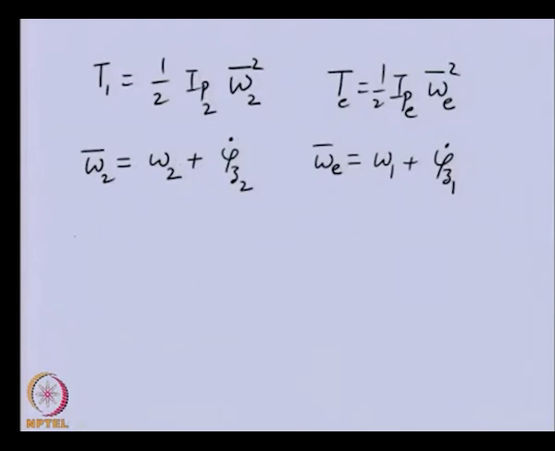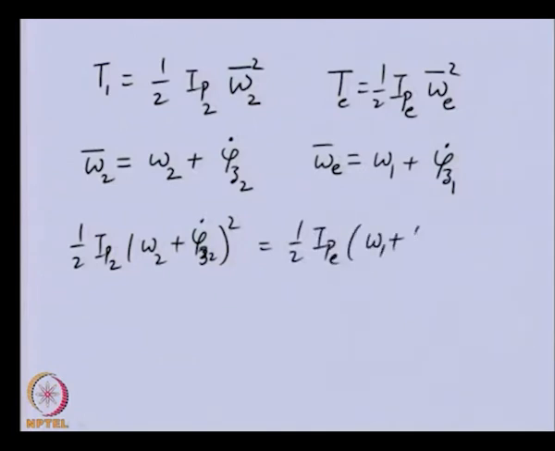If we substitute, we will have these two kinetic energies, which are the same, so we can equate them: half I p 2 (omega 2 plus phi z dot) whole square is equal to half I p e (omega 1 plus phi z 1 dot) whole square.